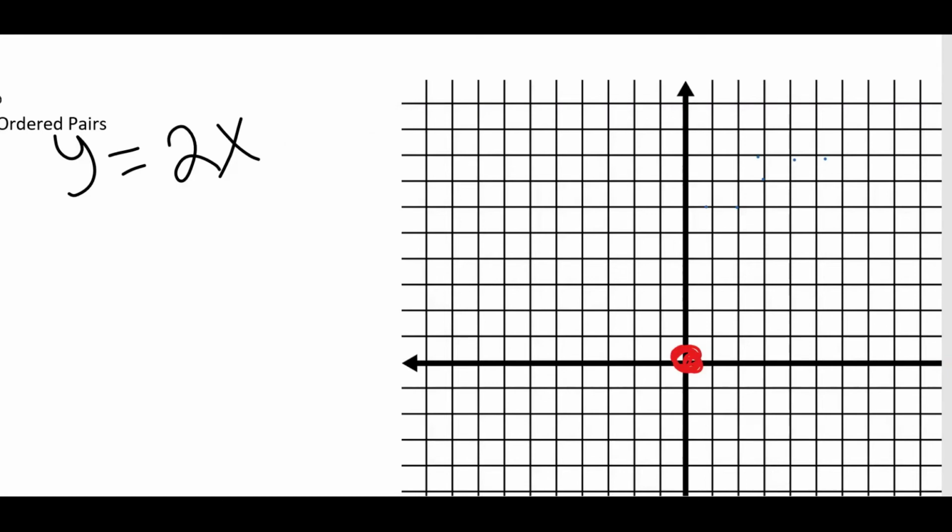Now, that brings us to another thing: if you just see a whole number, you can make any number a fraction by putting a 1 under it. So now my slope is going up 2, right 1. These are both positive numbers. So I would start from the origin and go up 2, and I'm going to go right 1.